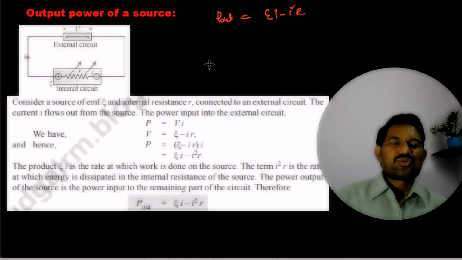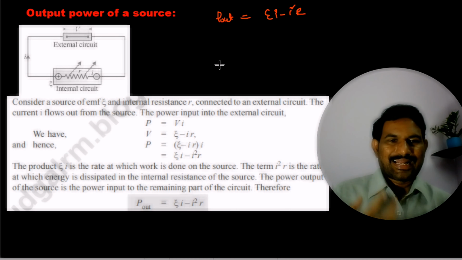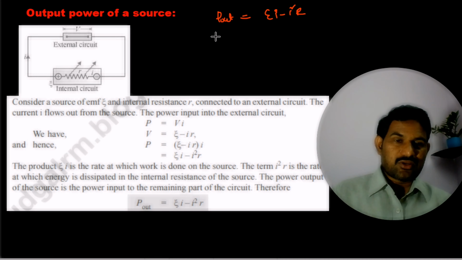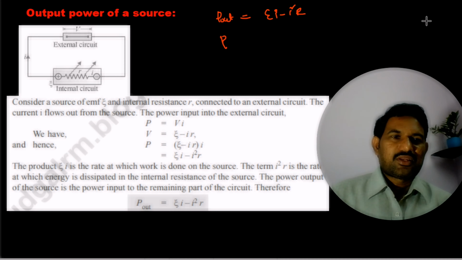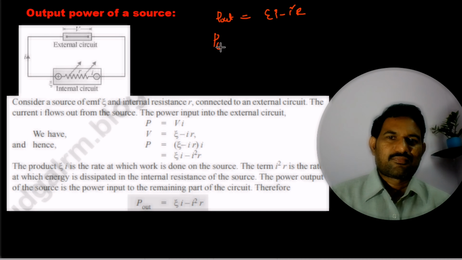Whereas if I ask what is the rate at which chemical energy is converting into electrical energy, first let us write the power loss here. How much loss is taking place here? Power loss takes place at this internal resistor.